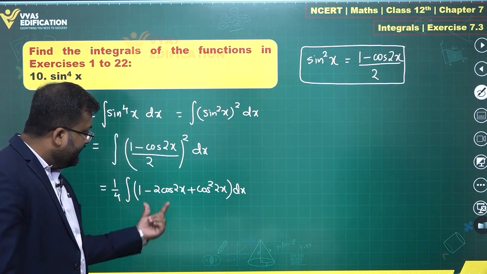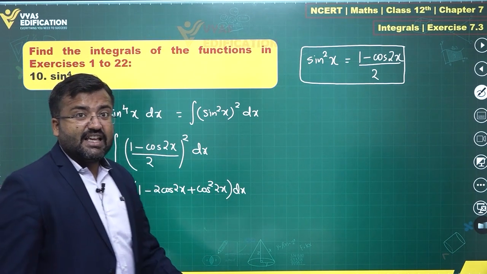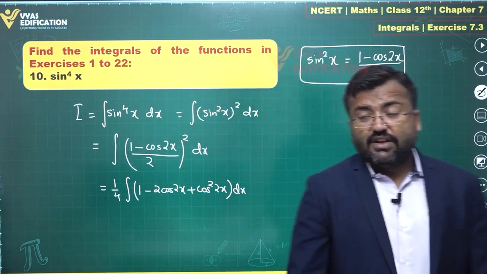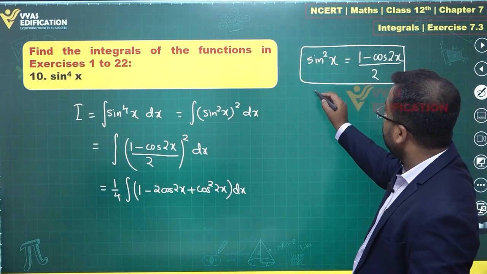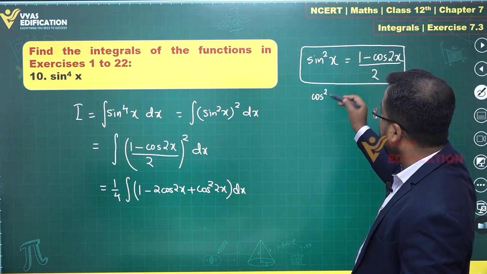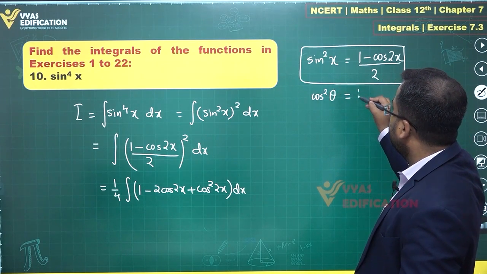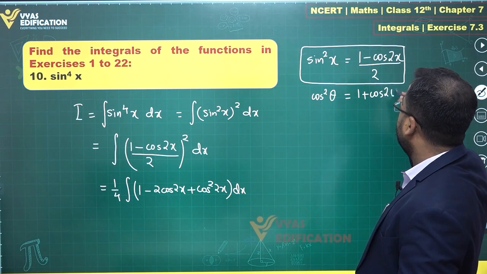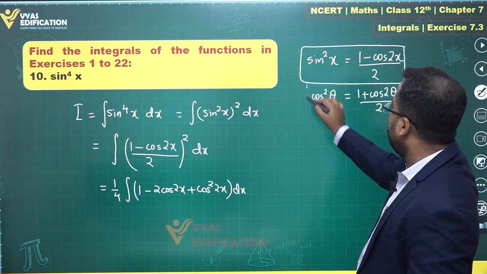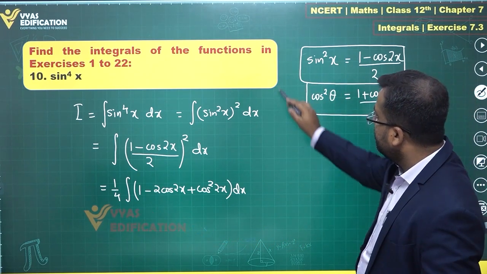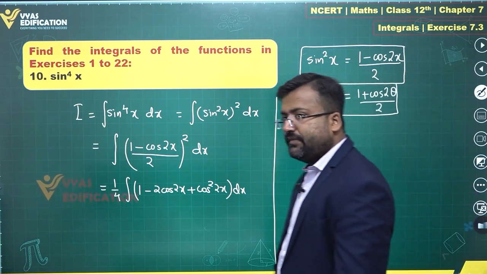This is easy to integrate, but this last term is still a bit difficult. So once again, a similar result for cos also exists: cos square theta is 1 plus cos 2 theta by 2. Again, we can use this result in the last term.